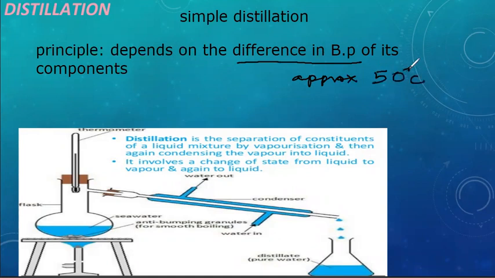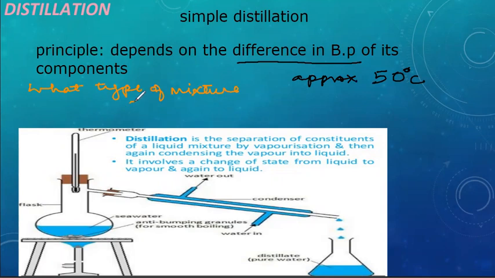तो जिन substances के components के बीच में approximately 50 degrees Celsius का boiling point में difference होता है, उनको हम यहाँ इससे separate out कर सकते हैं, right? Now we need to see what type of mixtures we can separate with this technique. We can separate basically two types of mixtures.